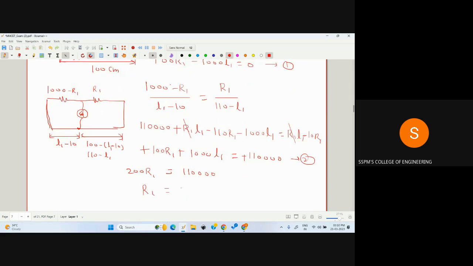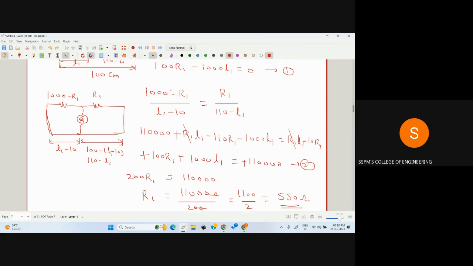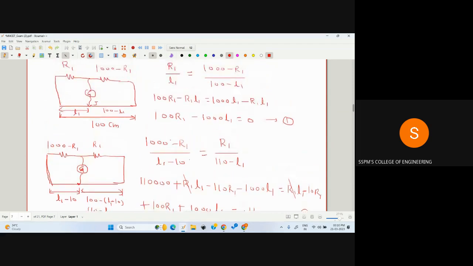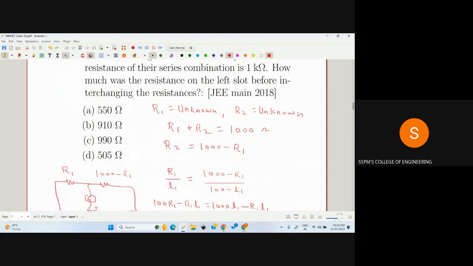R1 is equal to 110,000 divided by 200. So these two zeros are cancelled. 1100 divided by 2 gives 550 ohm. So in this way you find R1. R1 is 550 ohm. What is the correct answer? The 550 ohm resistance is the correct answer.